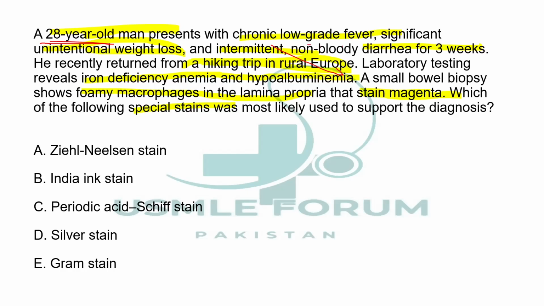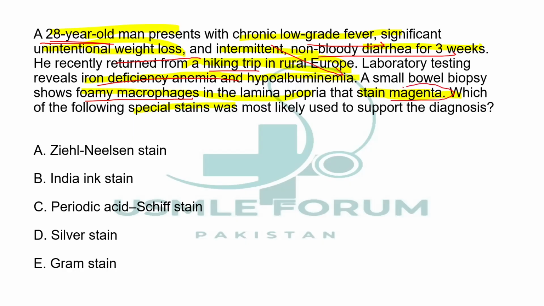What they're saying is that he is having a low-grade fever, weight loss, and non-bloody diarrhea. He's back from a hiking trip and he has iron deficiency anemia and foamy macrophages. So there is really no concept in microbiology that you need to understand. You just have to remember the association and the pattern that is presenting.